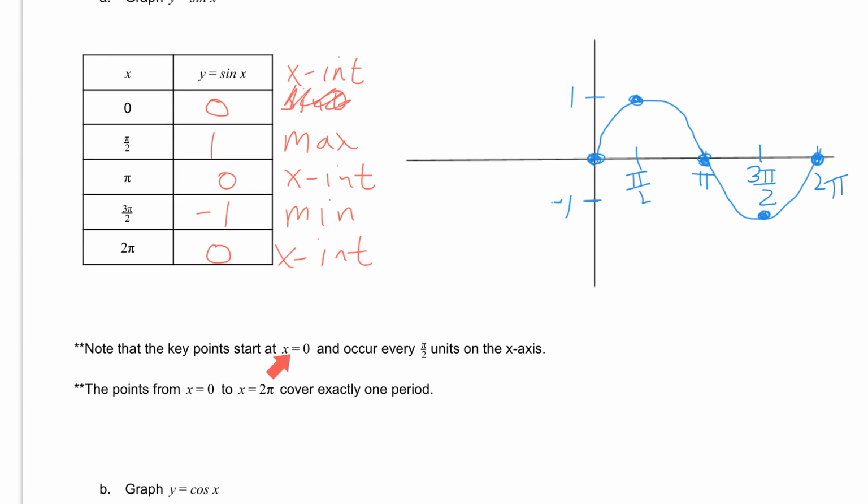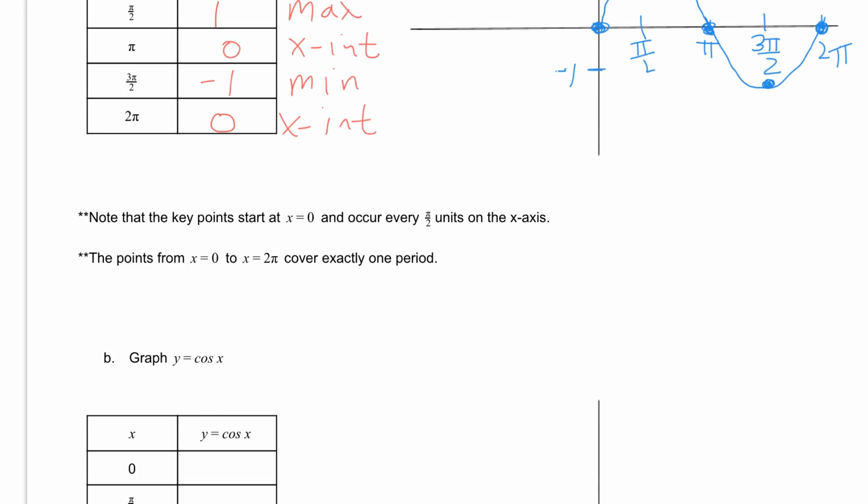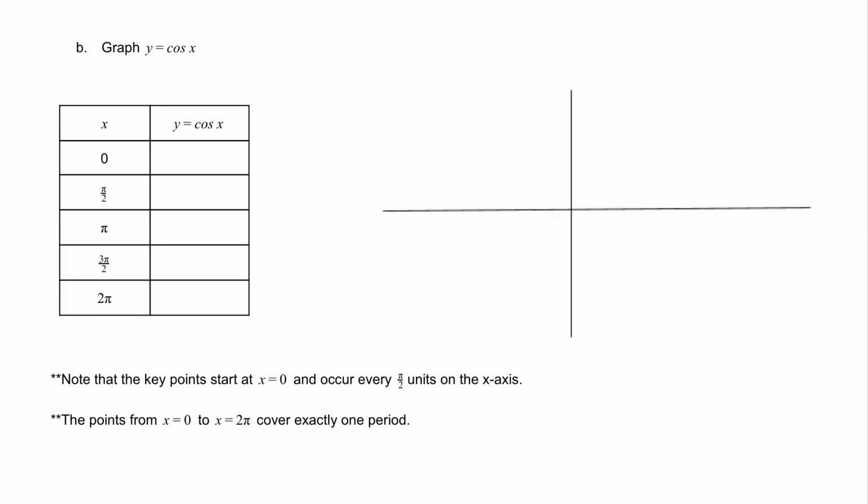Note that the key points start at x equals 0 and occur every pi over 2 units on the x-axis. So these are what we call our 5 key points. And the points from x equals 0 to x equals 2 pi cover exactly one period, which we just talked about.